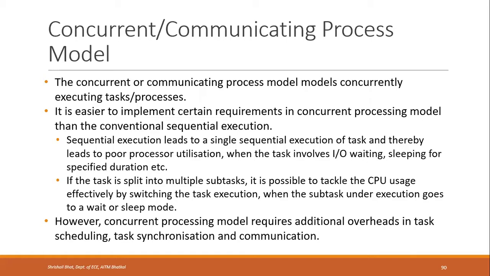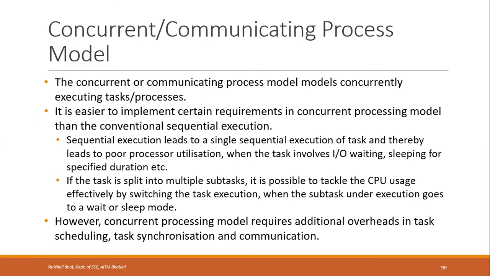That way you can utilize the CPU or the processor efficiently. However, one drawback is that it requires additional overheads. When there are concurrently executing tasks, you need to communicate between them properly. There has to be scheduling of different tasks, and synchronization between different tasks. So that is a drawback here.